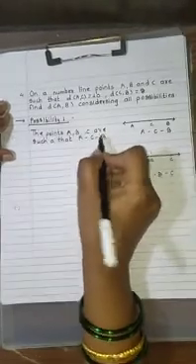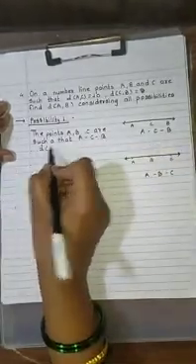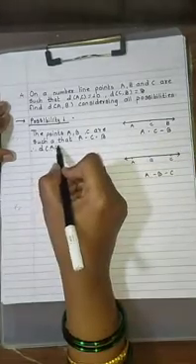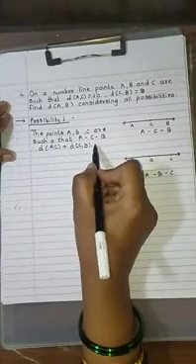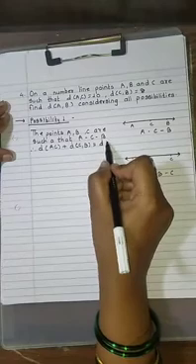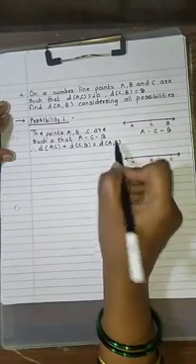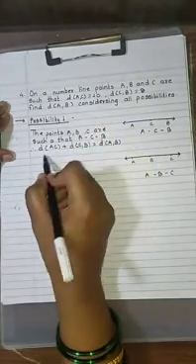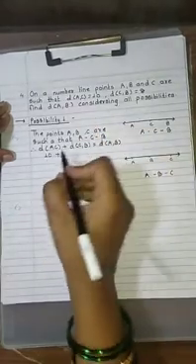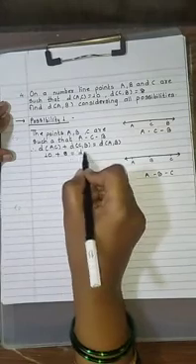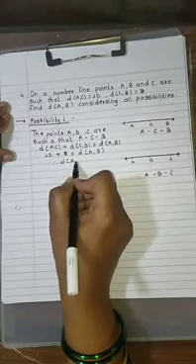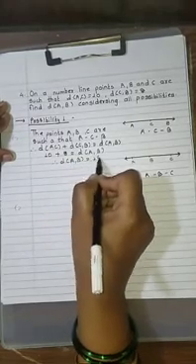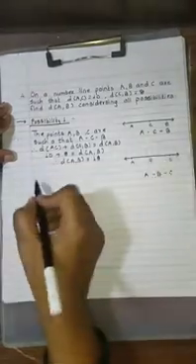C is in between A and B, means A dash C dash B. Therefore distance AC plus distance CB is equal to distance AB. Now children, they are given AC as 10 plus CB as 8. That will be your distance AB. Therefore distance AB is 18. Understood?